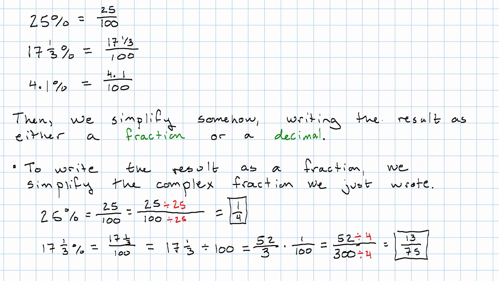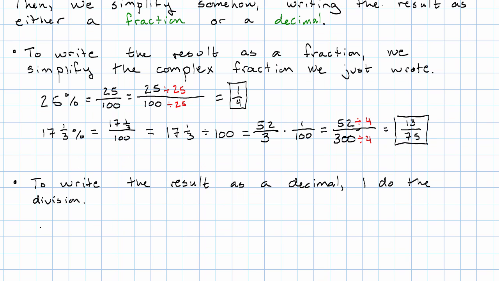If I want to write the result as a decimal, I just do the division. So 25% is 25 hundredths, which is 25 divided by 100, which should be 0.25.